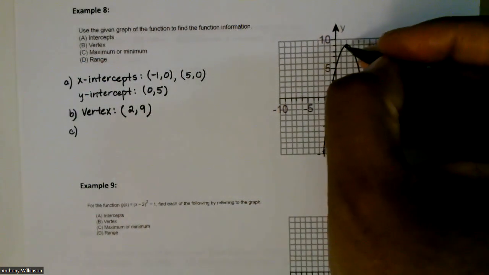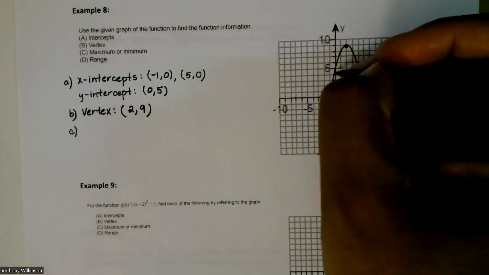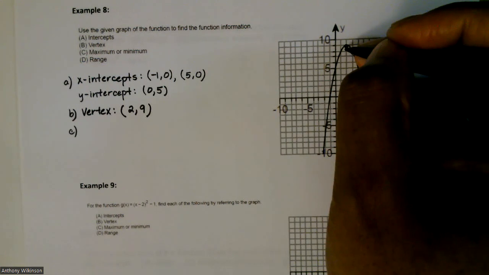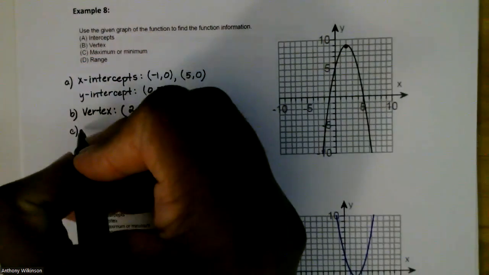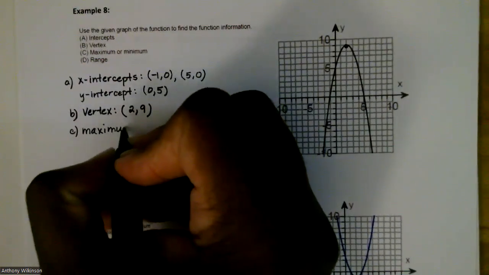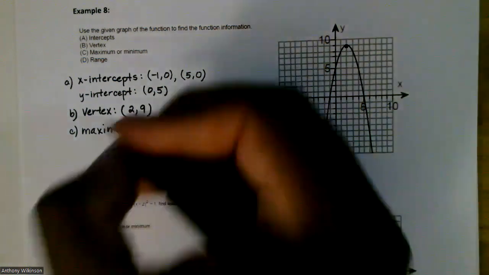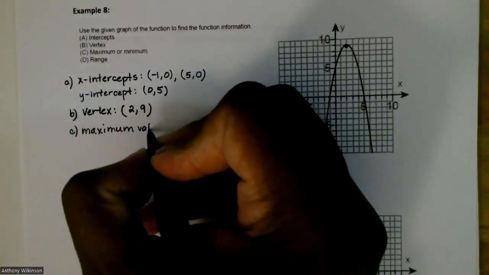Part C is the minimum and maximum. Well, let's take a look at this. This is opening downwards, so that means we have the highest point way up here. So that means we have a maximum. And of course, I'm going to go a little further.